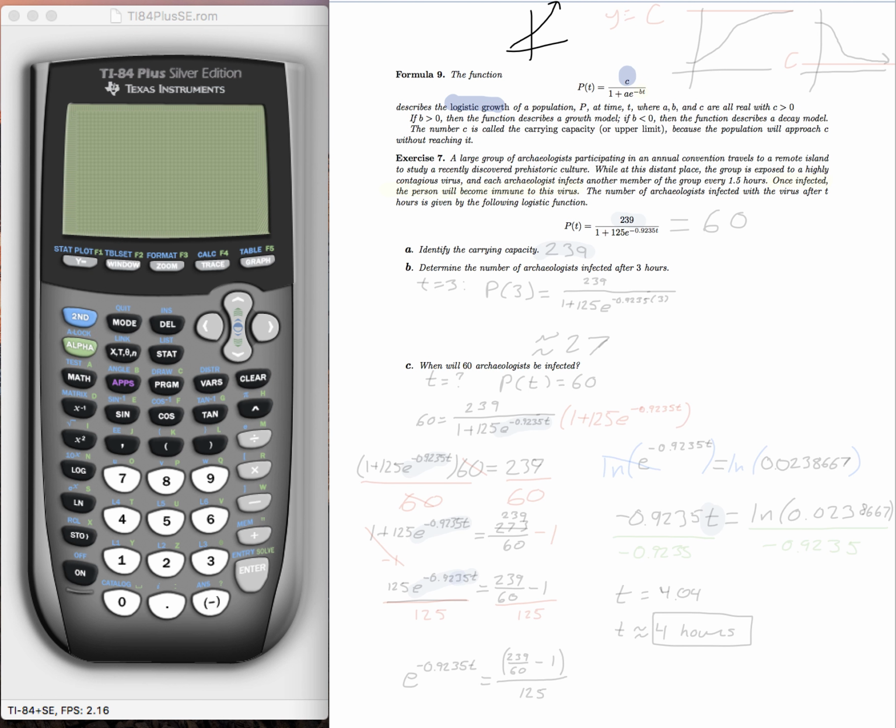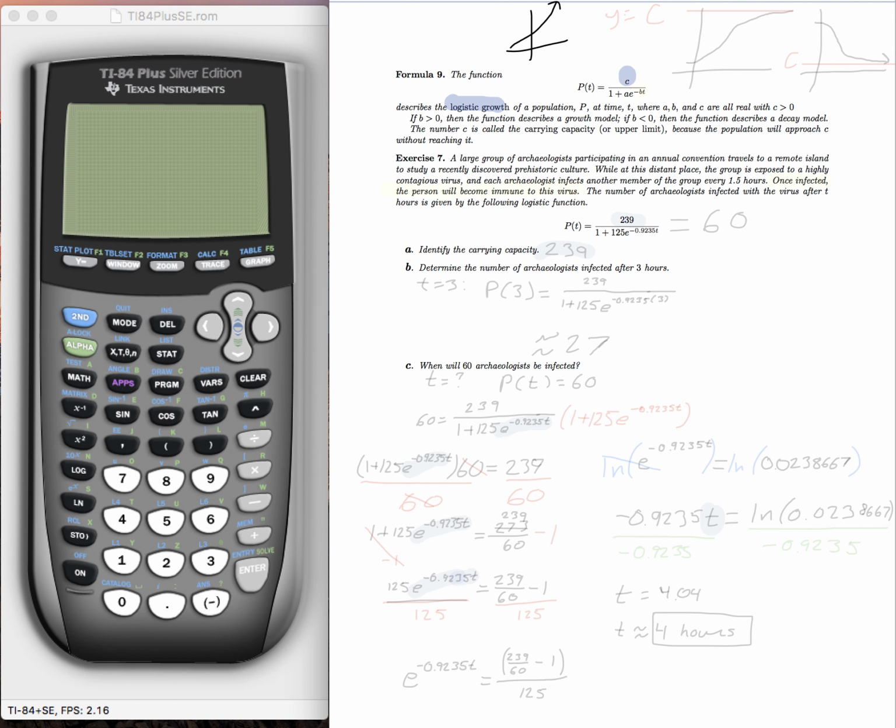The reason for that is the carrying capacity represents ultimately the sort of asymptote that your function approaches. So if we had a carrying capacity of 20,000 rodents, our population would gradually settle down to something around 20,000. Now, this model could be describing either growth or decay.